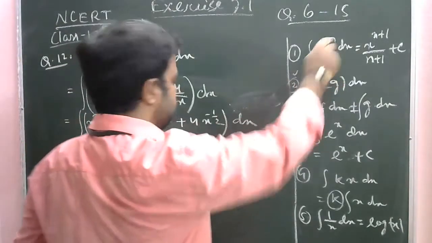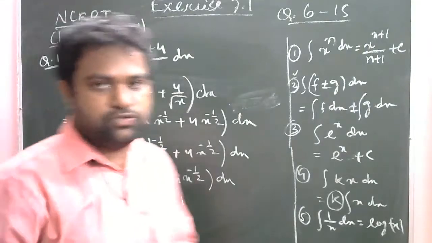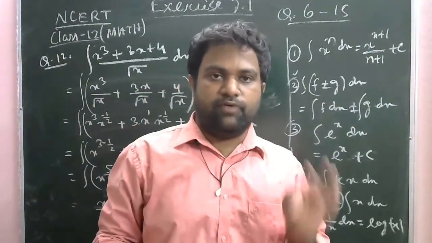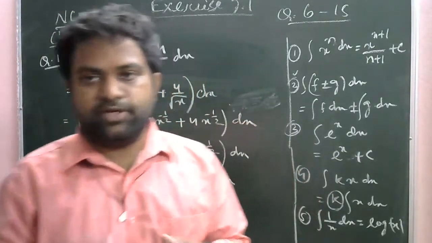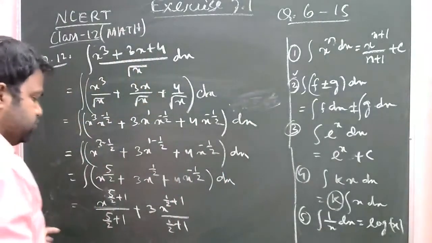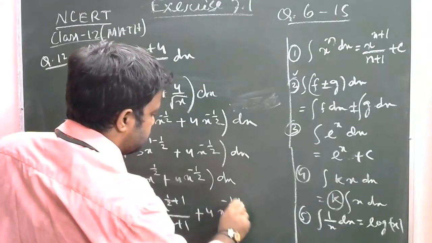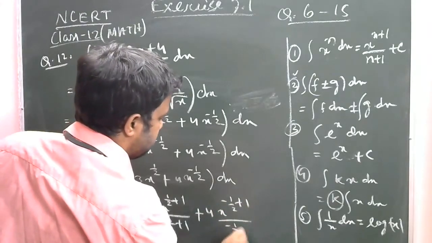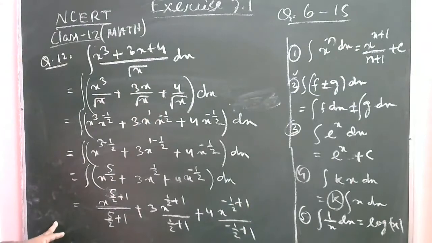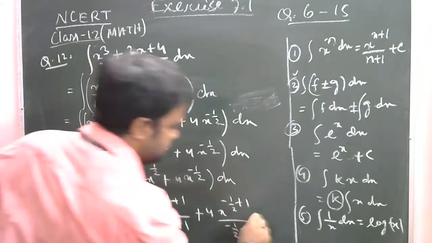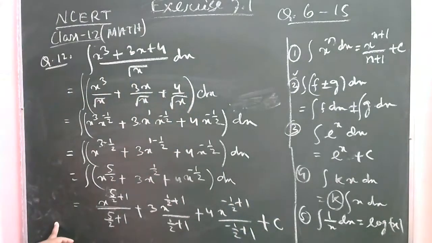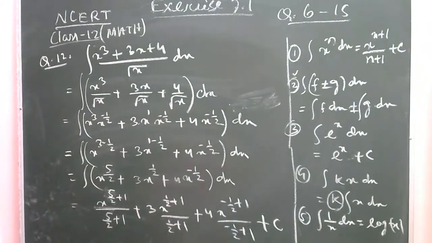First formula we are using is x to the power n. Here n is a fraction, 5 by 2, no problem. Whatever the power may be, we have to add plus 1 and divide by that n plus 1. Then 4 x to the power minus half plus 1 by minus half plus 1, plus c. Now we'll simplify it.